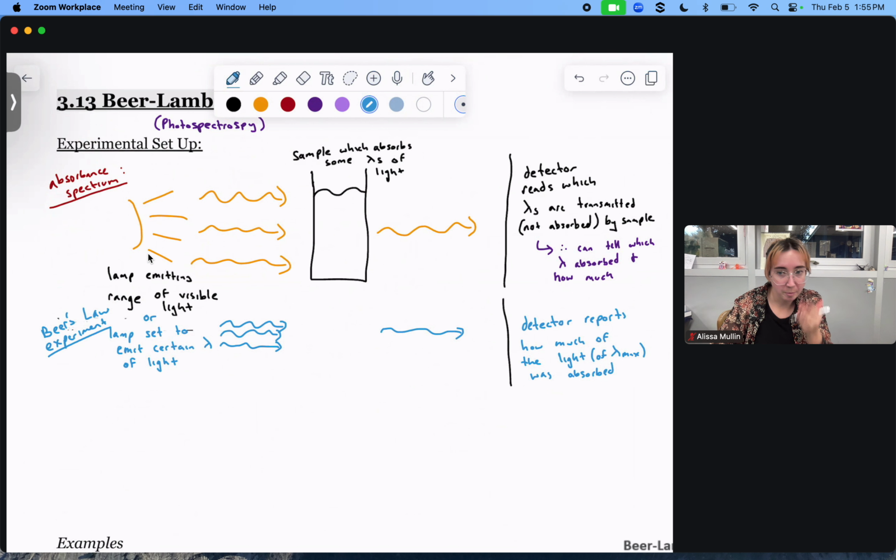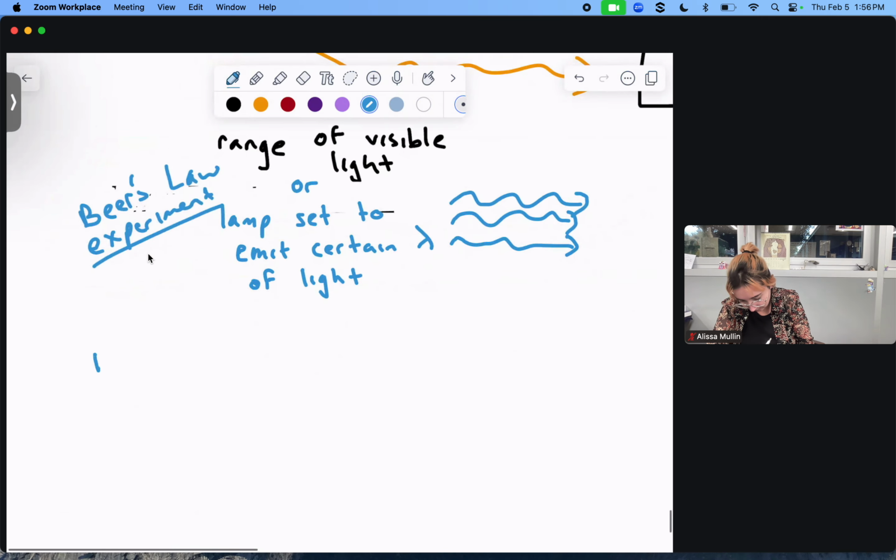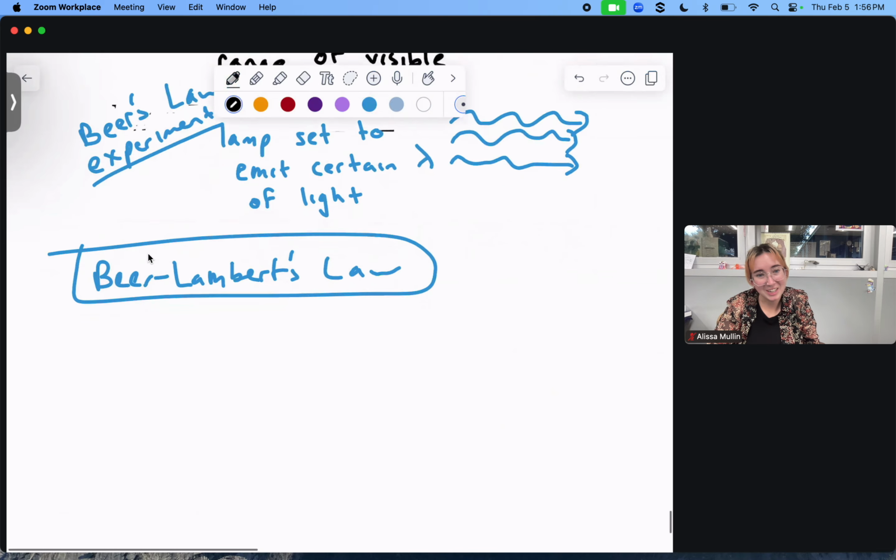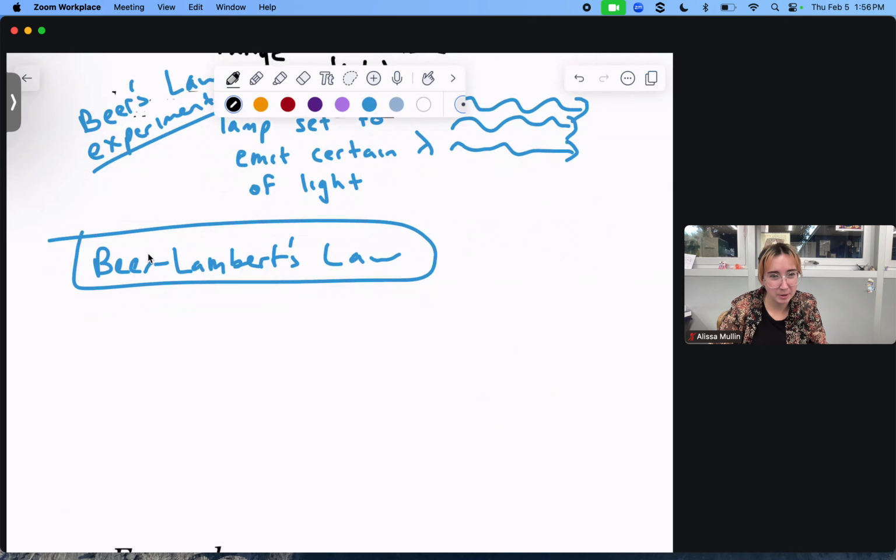And the whole thing about Beer's law, back to what I had on the paper earlier, is there is a direct relationship between concentration and how much light was absorbed.